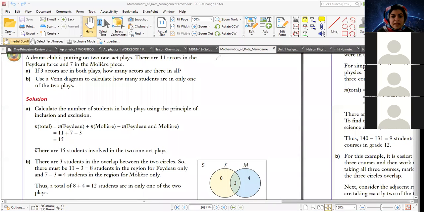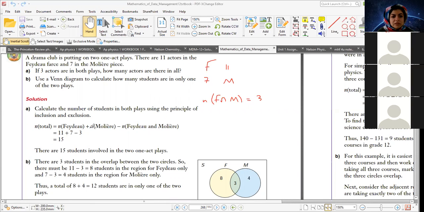So in F we have 11 members and 7 in N. If 3 actors are in both plays, then the common part is 3. How many actors are there in all?